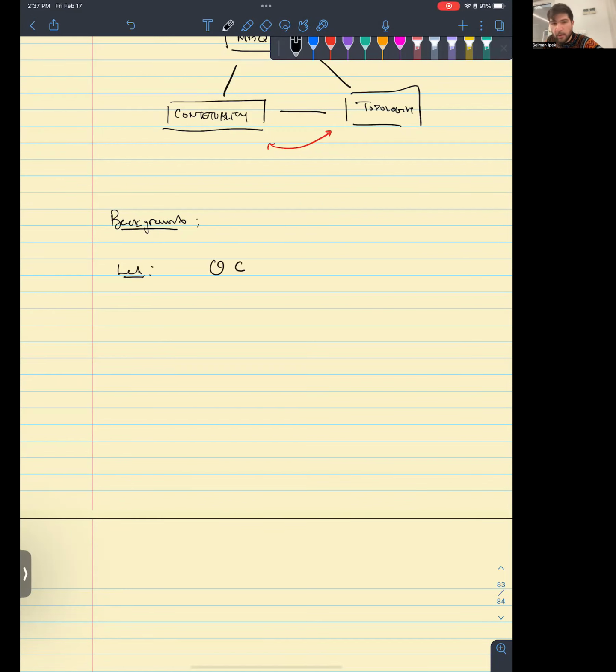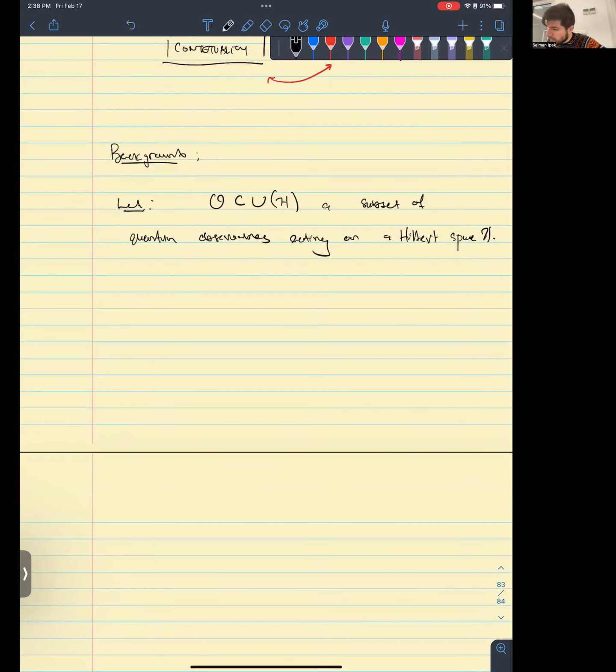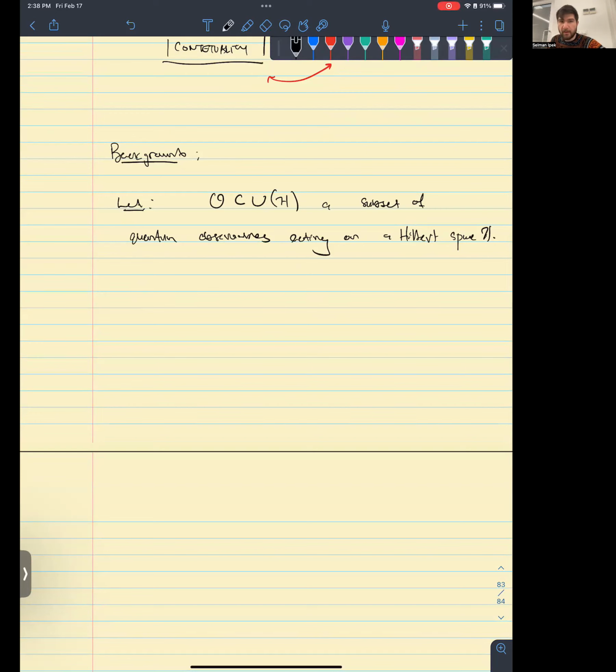So we have a set, which is a subset of all quantum observables, which are operators acting on a Hilbert space.